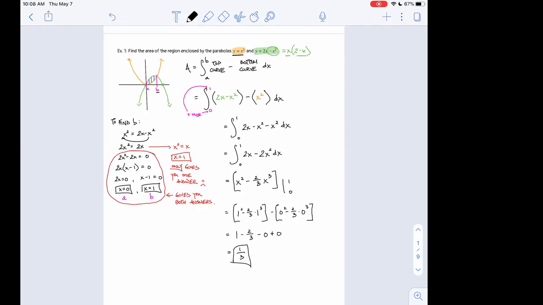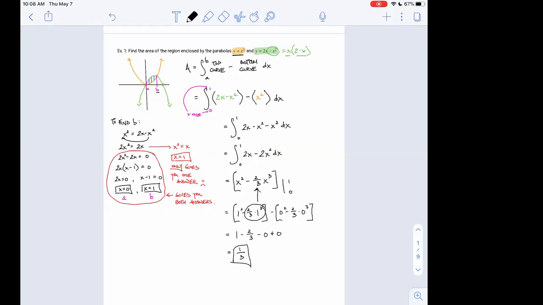Okay, any questions on example 1? Where'd you get the 2/3 again? From here? Yeah, right above it. Oh, sorry, that 2/3.